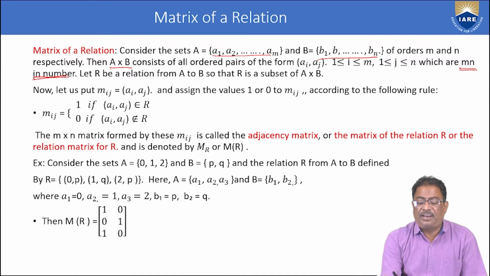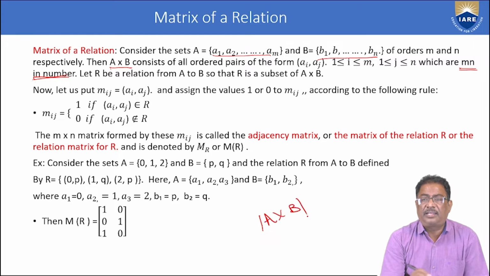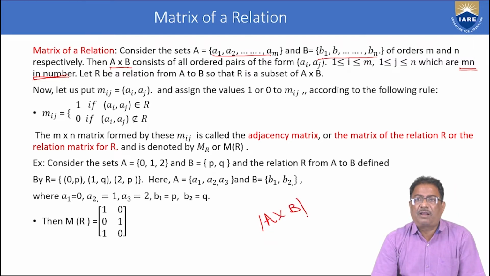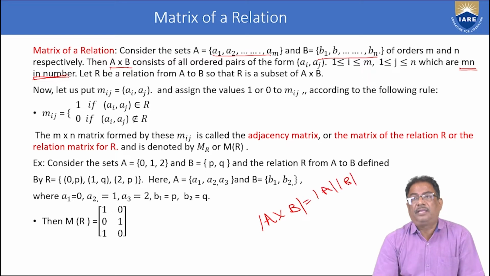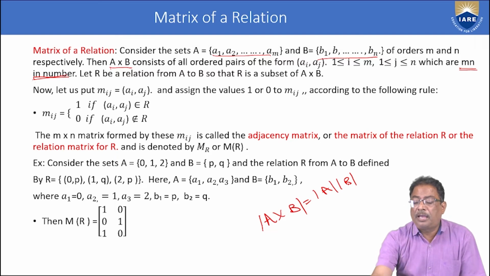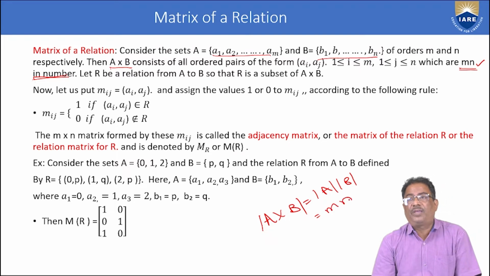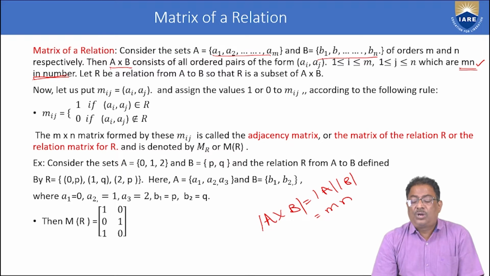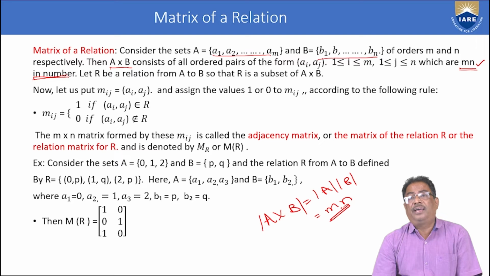That represents the cardinality of A cross B, the number of elements in A cross B, which equals the number of elements in A times the number of elements in B. So it is M n elements, because the cardinality of A is M elements and the cardinality of B is N elements. So there are M n elements.